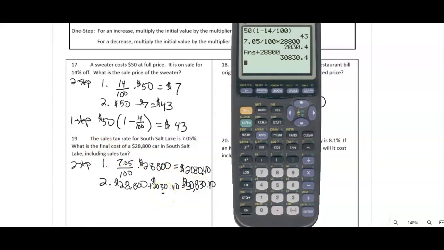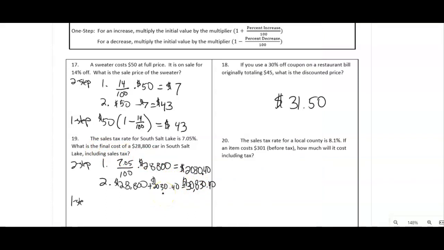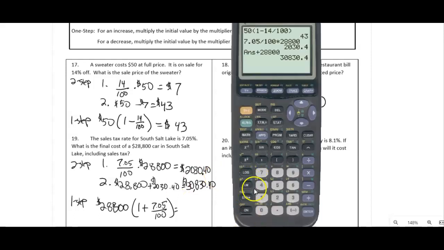The one-step approach: you take the initial value, this would be dollars, and we multiply by the increase, 1 plus the percent increase over 100. 28,800 parentheses 1 plus 7.05 divided by 100, and in one step we have the final answer.